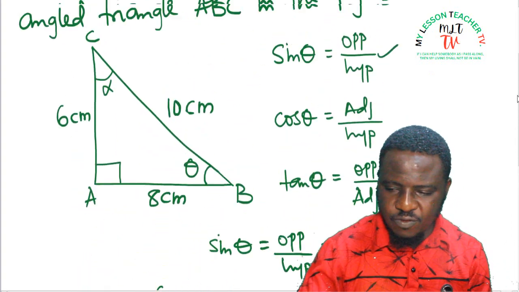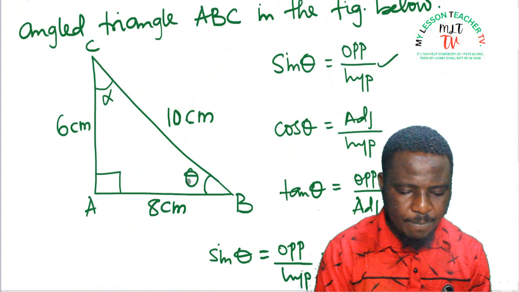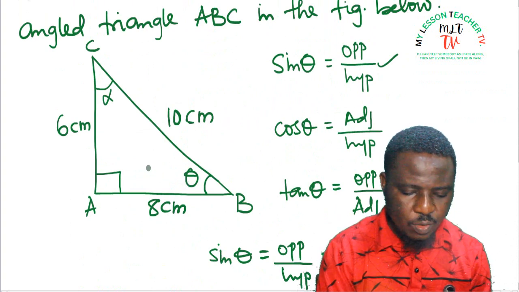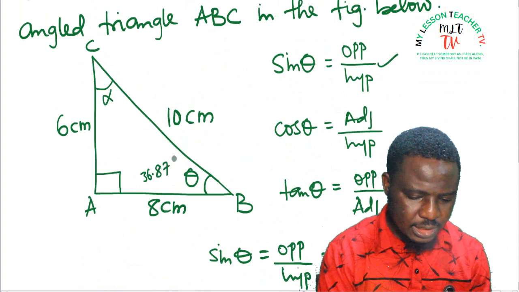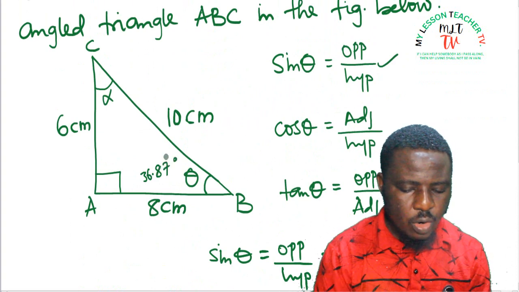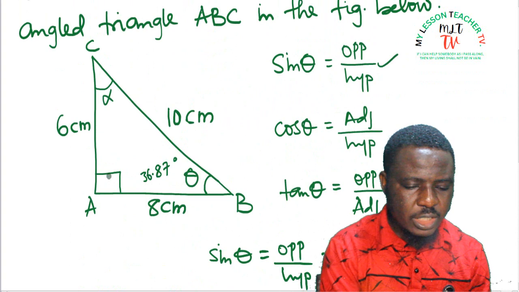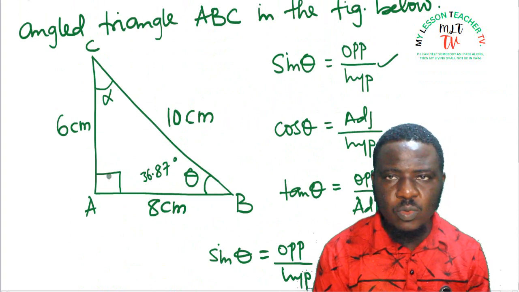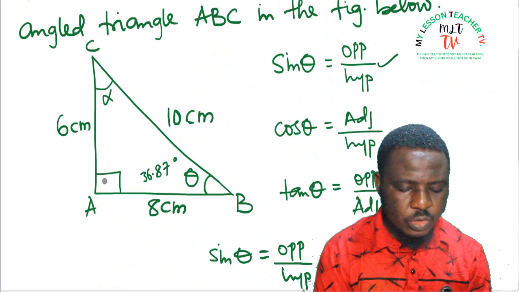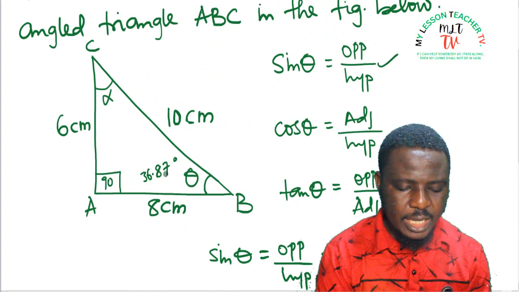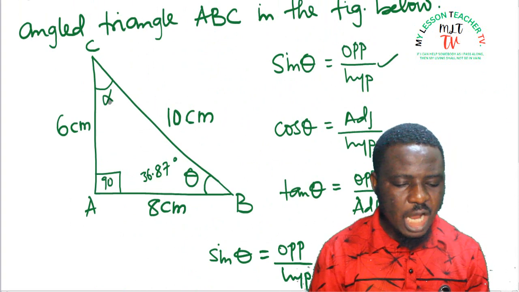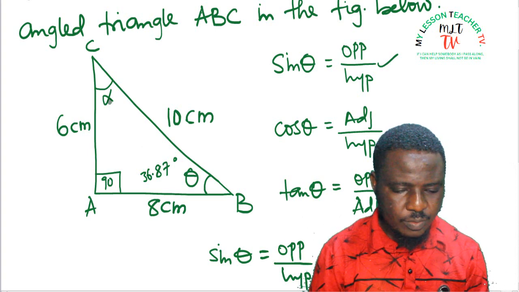So this is the value of angle theta. Now, if angle theta is 36.87 degrees, we already know that the sum of angles in a right angle triangle is 180 degrees. So if this is 90 degrees and this is 36.87 degrees, we can then get our angle alpha degrees.